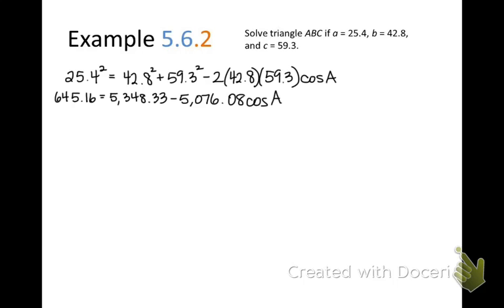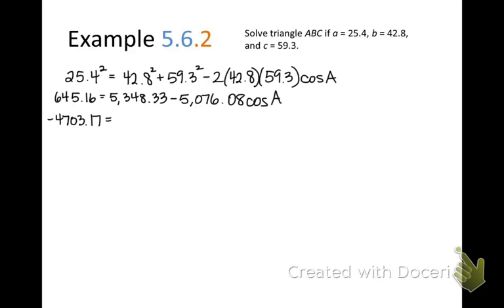So now I have some pretty easy work. I can just subtract this 5,000 stuff off of the 645. So I've got 645.16 minus 5,348.33. So on the other side, I've got negative 4,703.17.